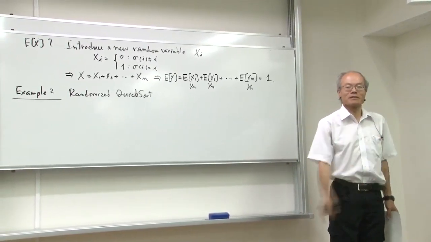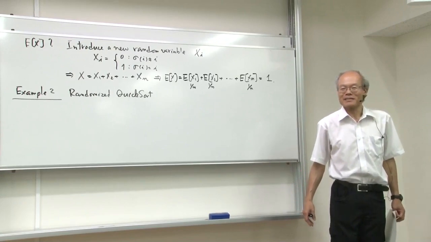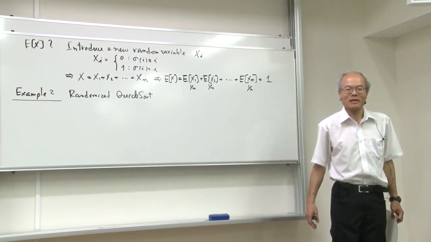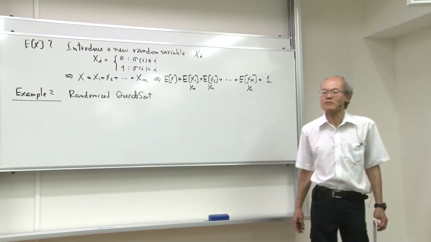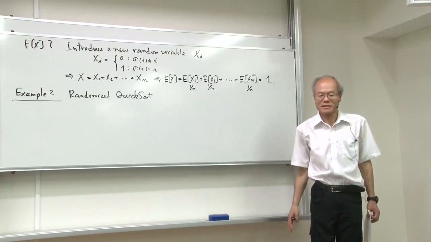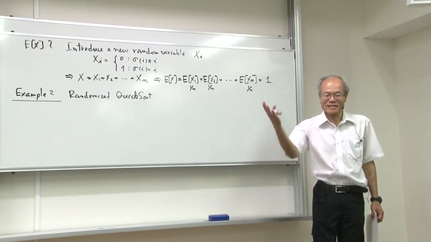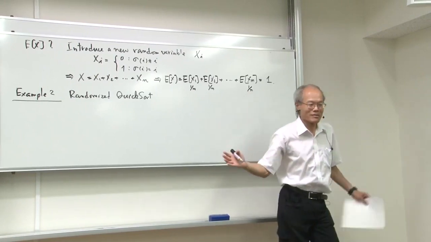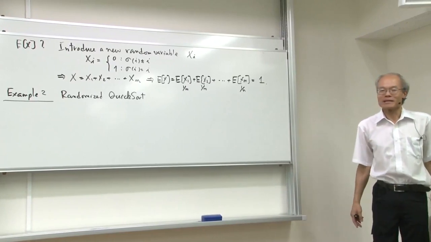If you visit, for example, the online lectures of famous professors at MIT or Stanford or many other famous universities, then you can see the video of the lectures. Probably you can find the instructor says that today we are going to cover the highlight of this course, the analysis of quicksort.